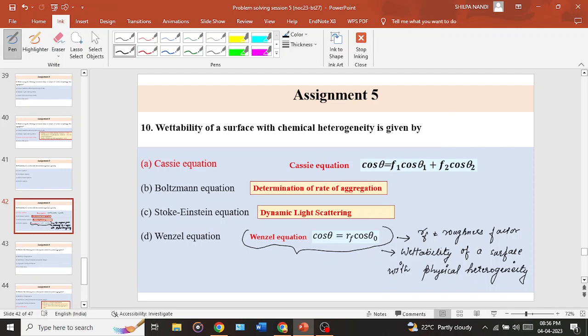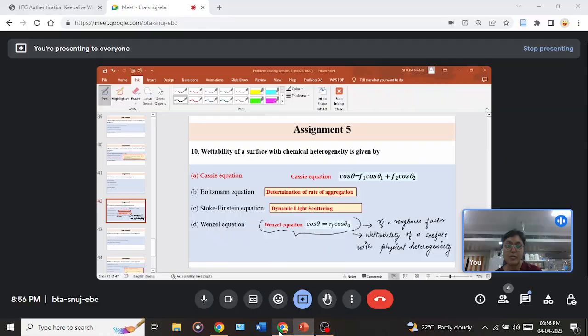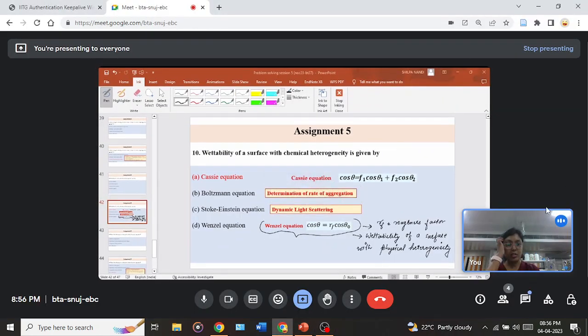And this one also you must remember. So I have written it down so that you don't forget it.